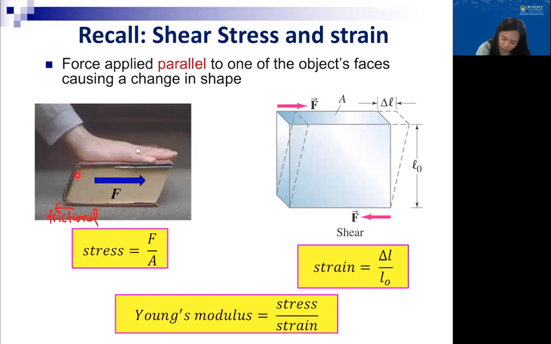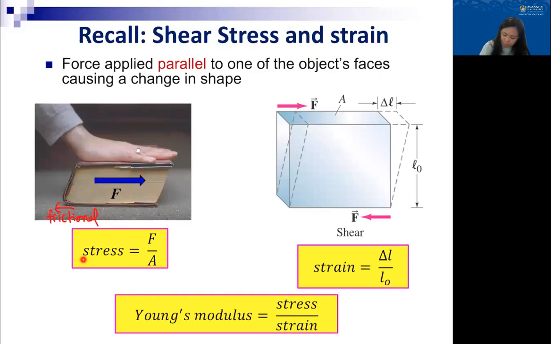You will also see that there's this gradient in the deformation of the pages of the book, so that the pages closest to the exerted force by the hand move farther compared to the pages lower, closer to the bottom of the book. Okay?